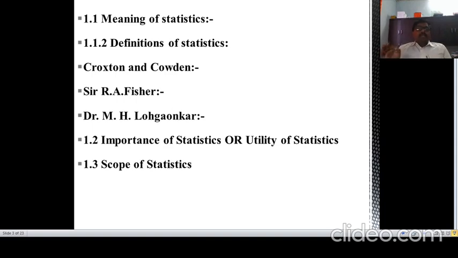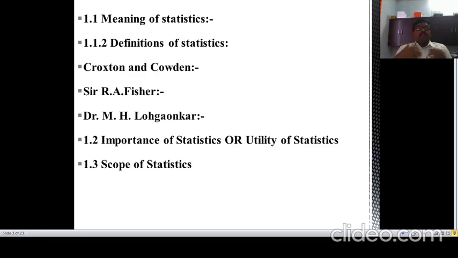The use of statistical methods is important because considerable amount of time, money, manpower can be saved. Uncertainties can be reduced to get reliable results.